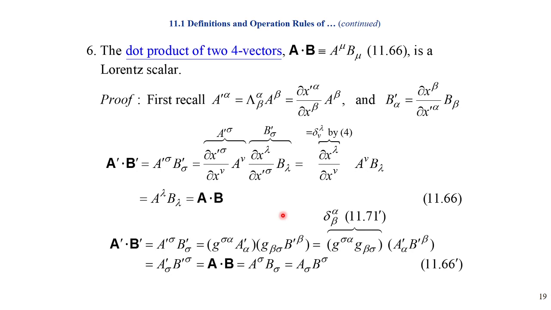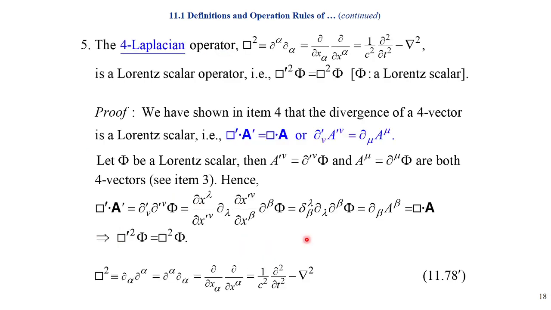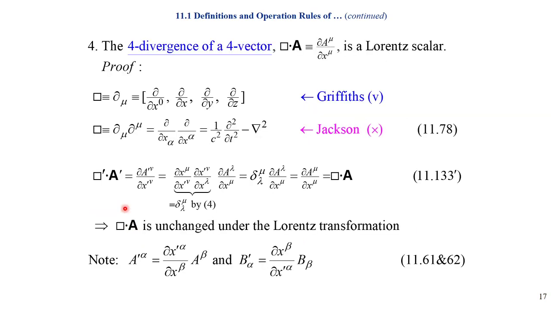For example, the dot product of two 4-vectors: in this coordinate system and in another, it is always the same. What else? The divergence of A is the same in this coordinate and in that coordinate. That is invariant.